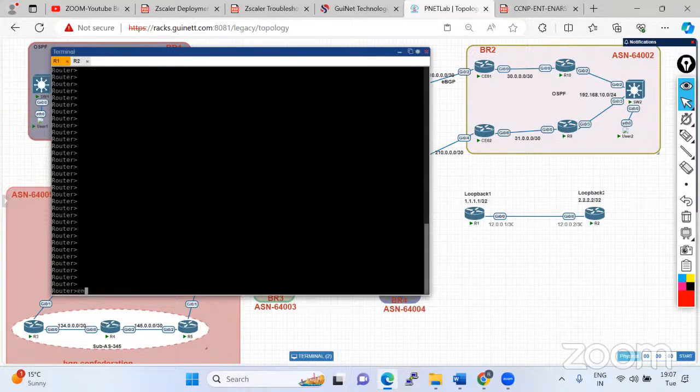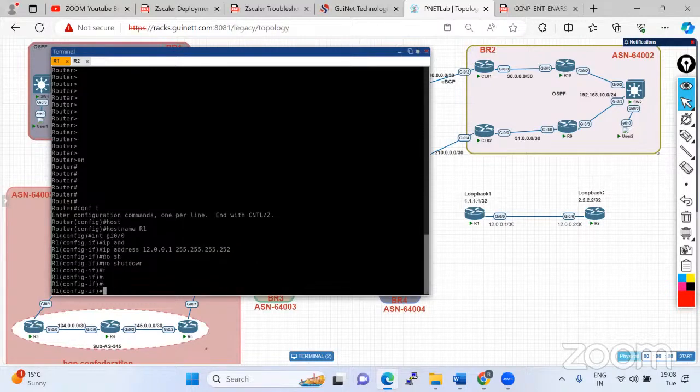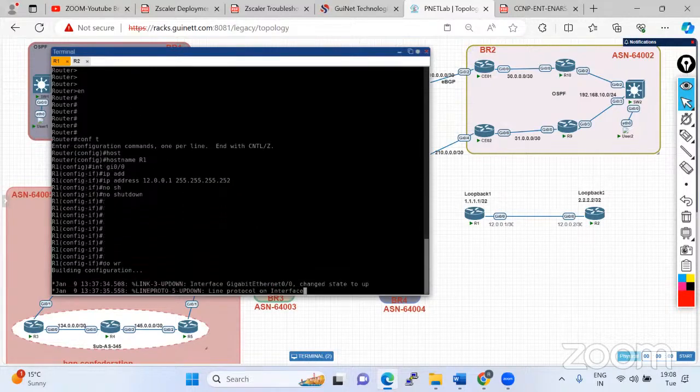So here you can see. I'll go here: config t, hostname R1, and I'll go on interface gig 0/0 and assign the IP address 12.0.0.1, 255.255.255.252, no shut.